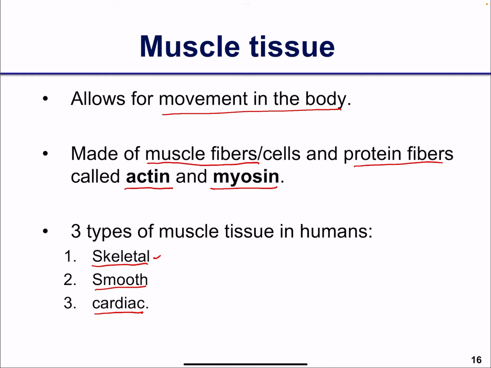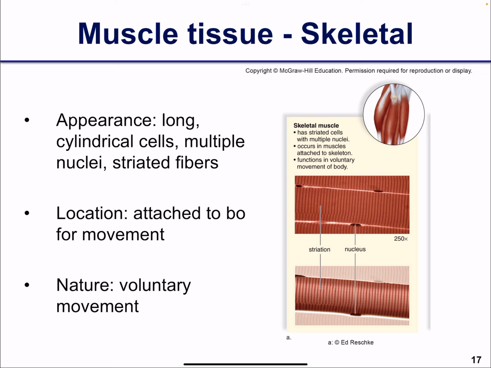So, skeletal muscles are made up of muscle fibers, smooth muscles, same thing, and cardiac muscles, same thing. Now, the skeletal muscle. The skeletal muscle cells are relatively long, cylindrical, and typically they're going to have multiple nuclei in one single cell.